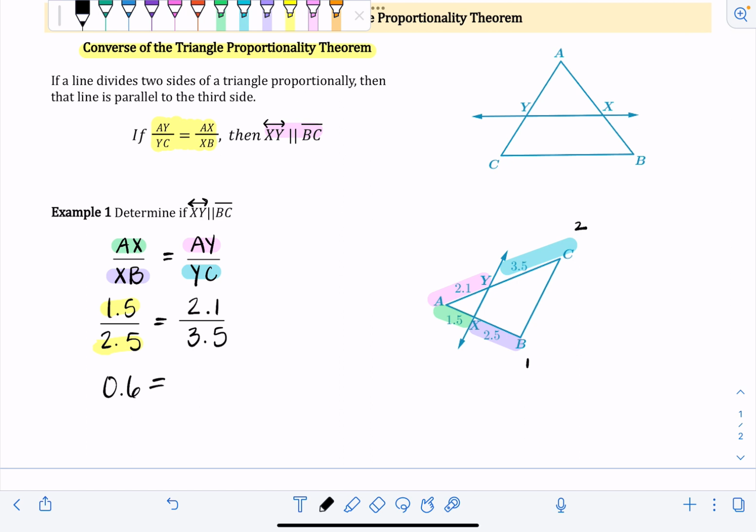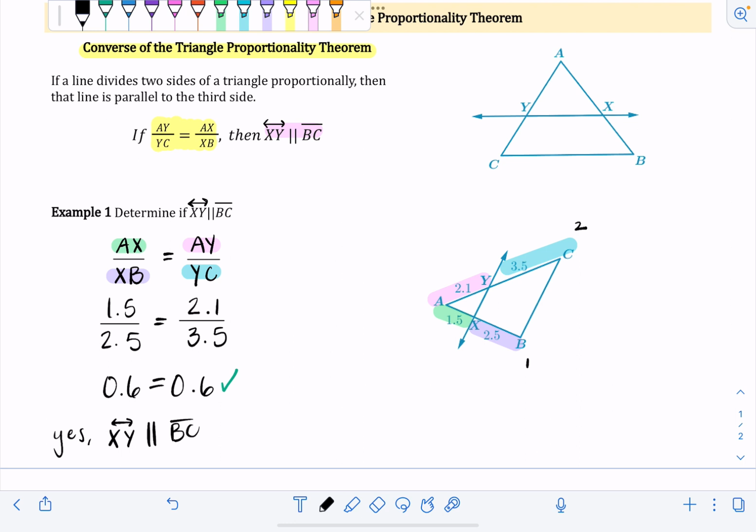And the other one is 2.1 divided by 3.5, which is also 0.6. So each one is the ratio of the pairs of sides, and those ratios are equal, meaning that they're proportional. Getting the two ratios to be equal is enough to say that XY is parallel to BC.